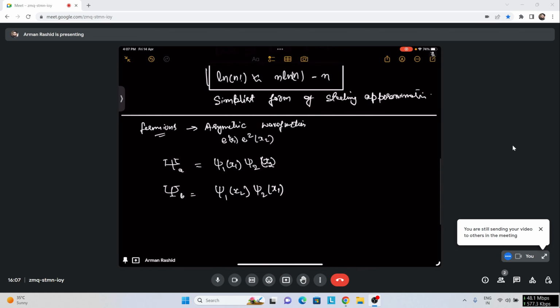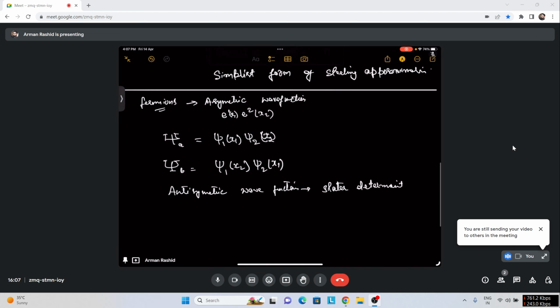In order to create an antisymmetric wave function, we use something called the Slater determinant.